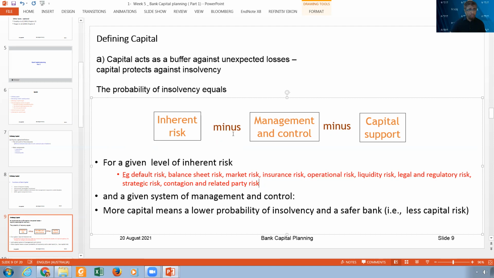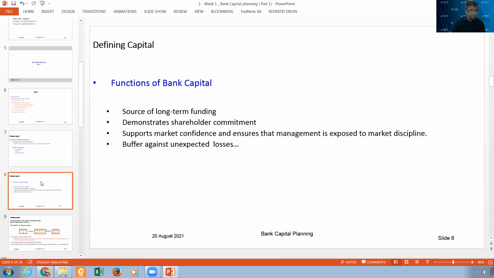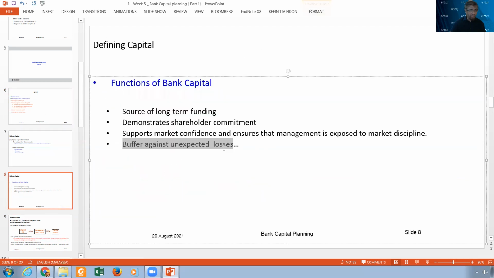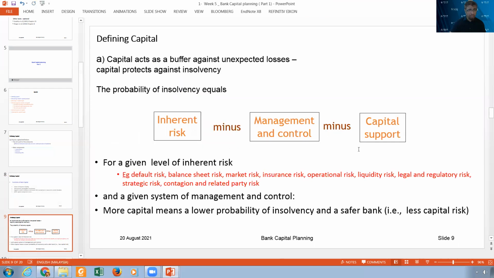All of this is so many policies, and all this to decrease the risk. But sometimes we cannot actually decrease the risk, so it will go to the capital, and this is the function of the capital when we say it's a buffer. This is what we mean by the buffer, and I think you already know that.